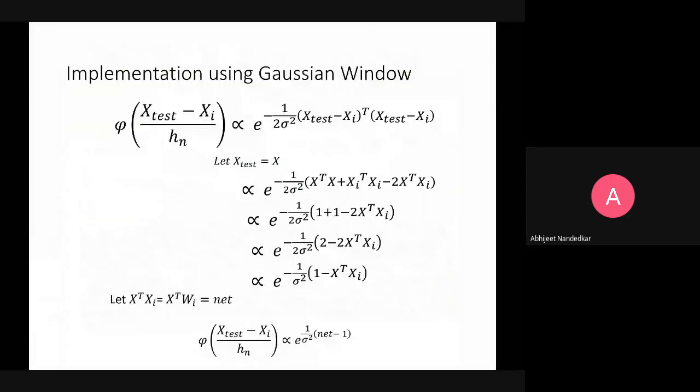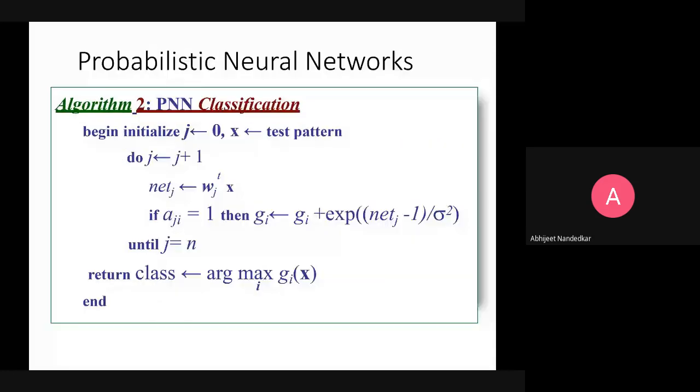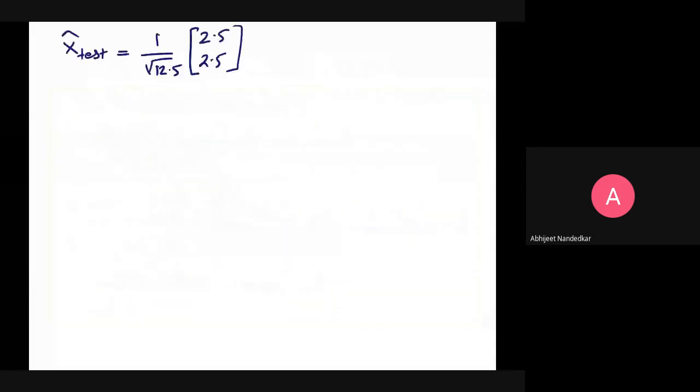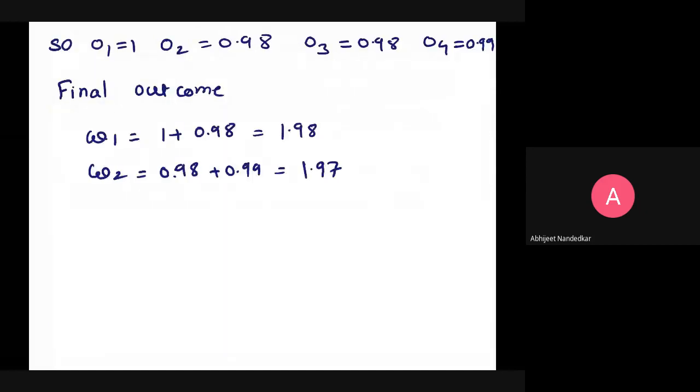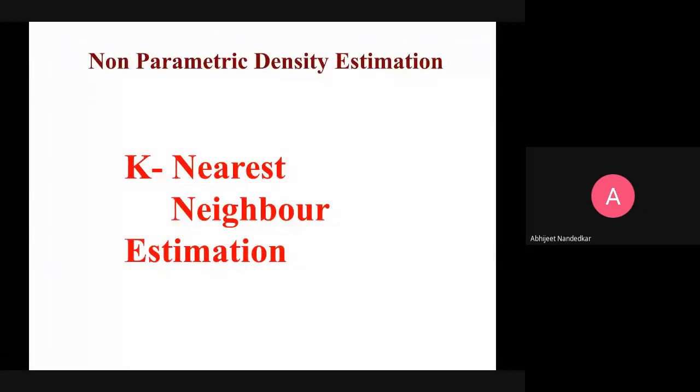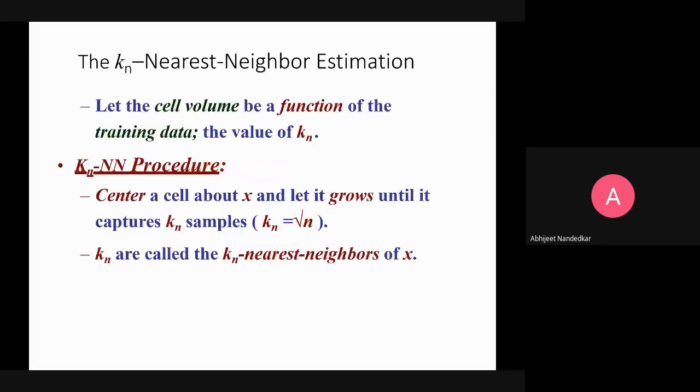So that was implementation of Parzen window. Now the next concept is known as k nearest neighbor estimation. This is also a non-parametric density estimation method. Now the Parzen window is called a shrinking window method.